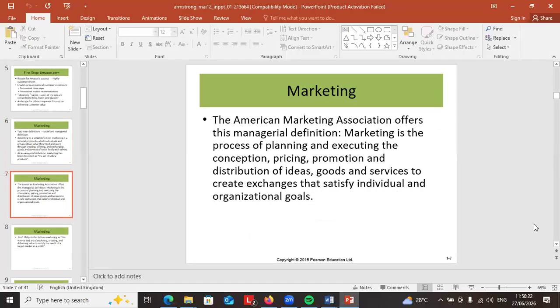Let's look at other authoritative definitions of marketing. The American Marketing Association offers this managerial definition. They are of the view that marketing is the process of planning and executing the conception, pricing, promotion, and distribution of ideas, goods, and services to create exchanges that satisfy individual and organizational goals.